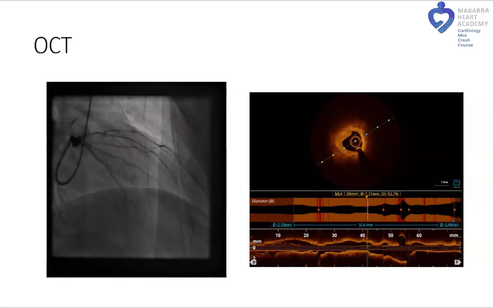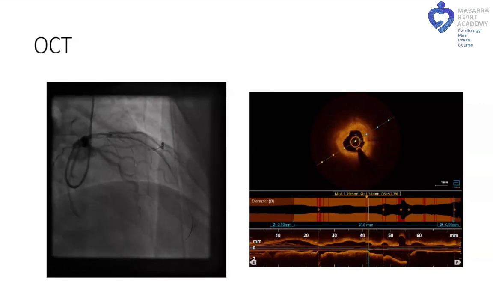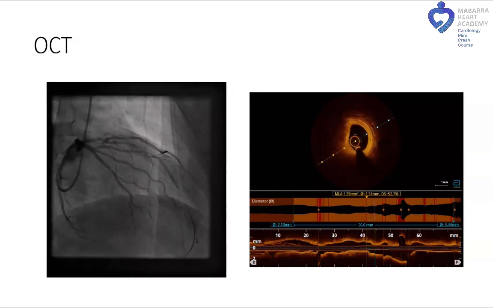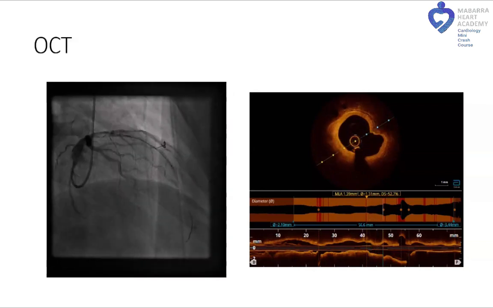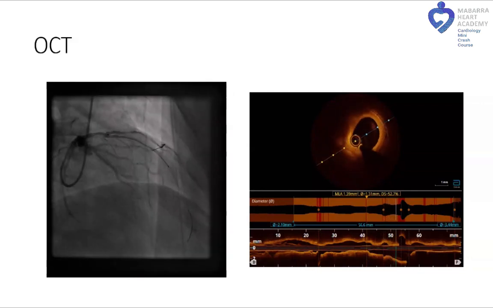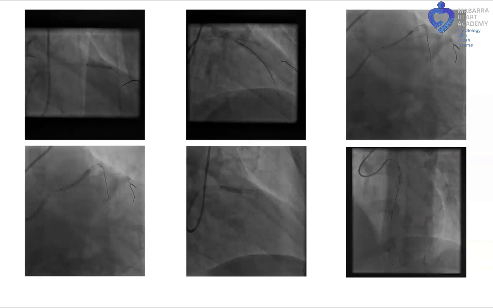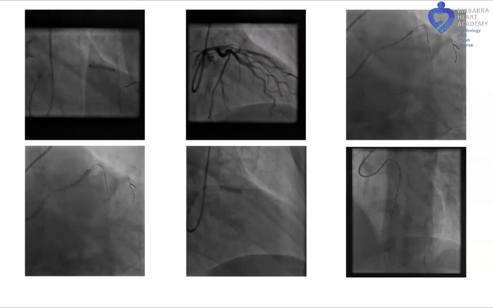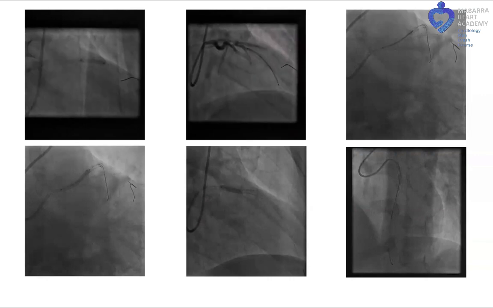So in this example, we did not need aggressive techniques for calcium modification because the vessel appeared to be compliant. So I decided to treat the mid-diagonal first. So I did direct stenting of the mid-diagonal.